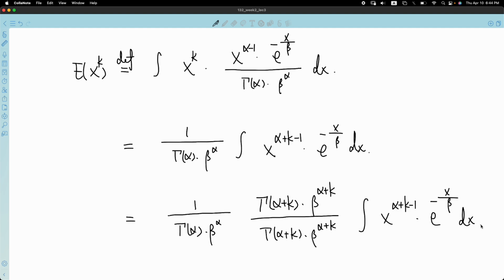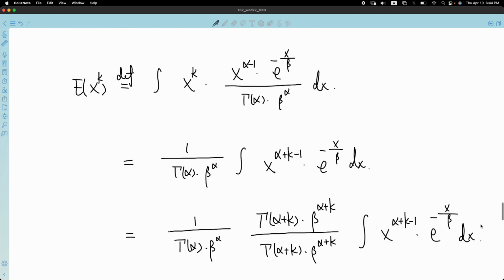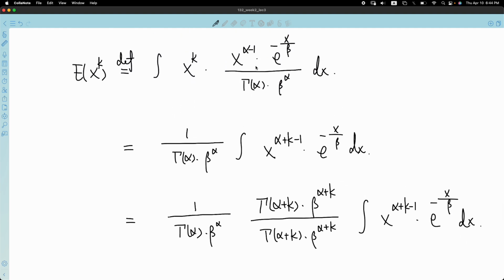Essentially, let's start from the first line. We're trying to evaluate the expectation of x raised to the power of k. This is the definition of the expectation. Then we come up with this term by bringing the constant part outside the integral.